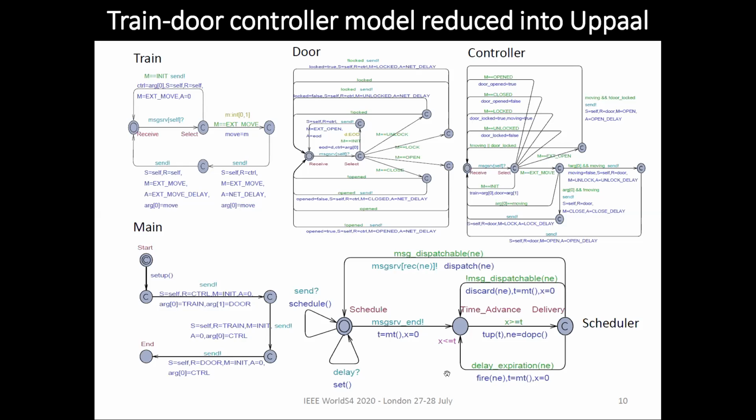But in order to have determinism, in this case, we originally introduced the concept of a scheduler. The scheduler is in charge of capturing all the scheduling of messages and of applying the deterministic message delivery order.